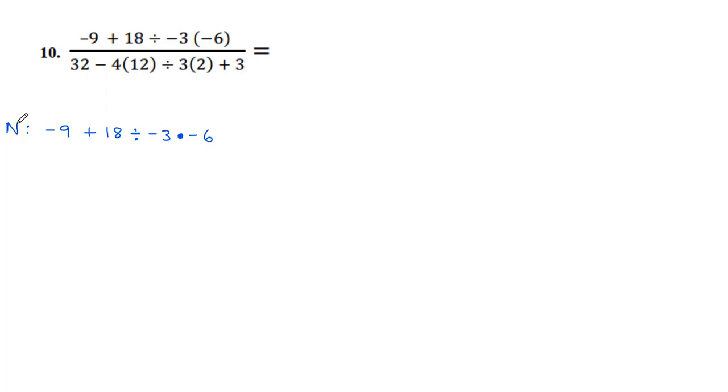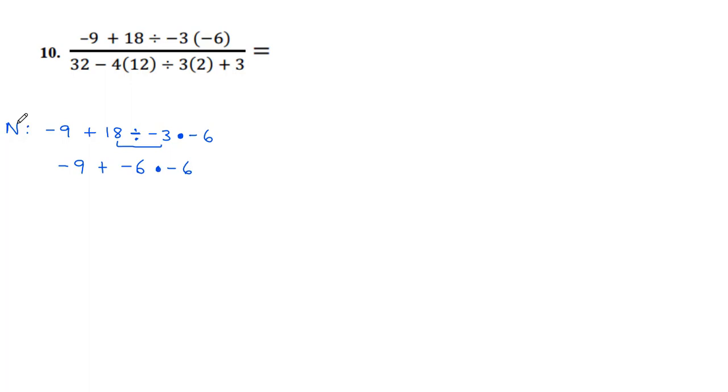I'm going to focus in on that I have division and multiplication before adding, and because I have division and multiplication, I'm going to work left to right. So 18 divided by negative 3 results in a negative 6 times negative 6 plus a negative 9.